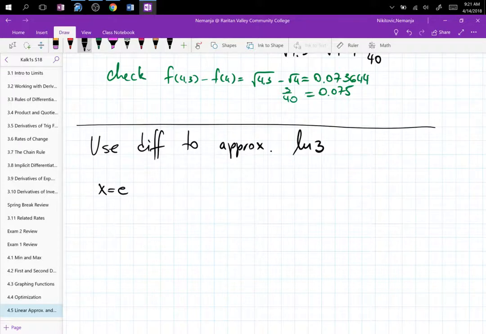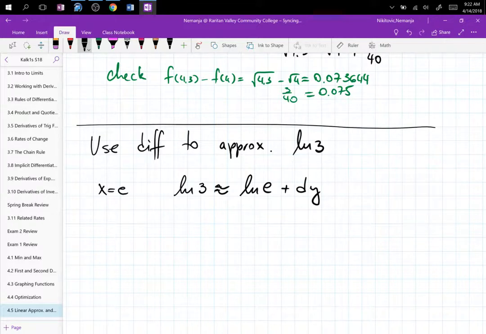So now what do I want? I want to say that ln of 3 is going to be approximated by ln of e plus dy. So that's technically what we are doing here. e is smaller than 3, so ln of 3 is going to be bigger than ln of e.